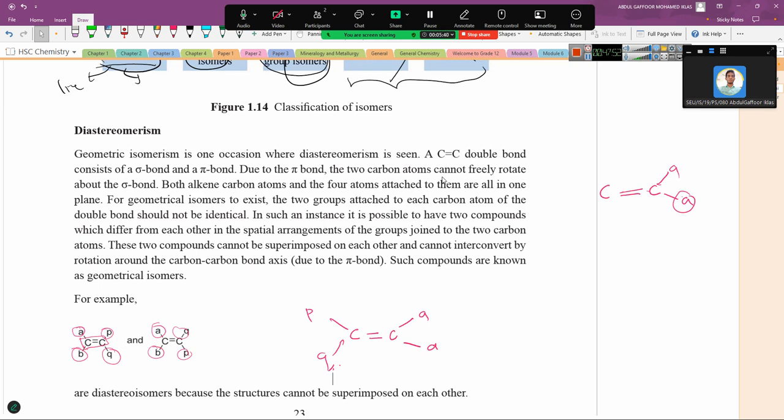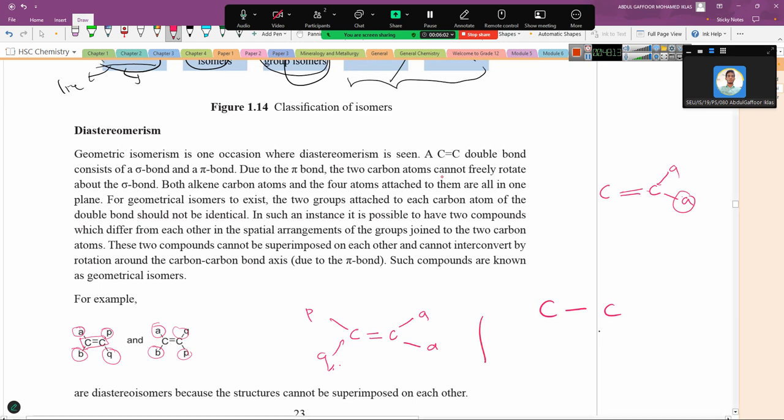Because if you have a carbon-carbon single bond, these two carbons can revolve around this bond, because there is only one. For example, you have only one pen, and you have two books.